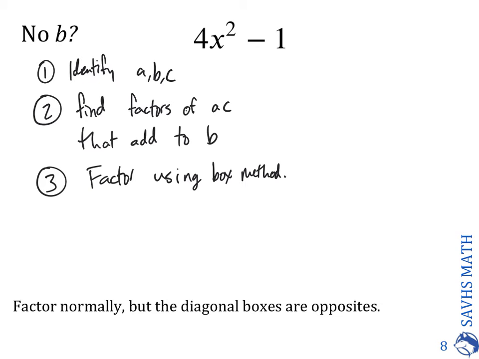Okay, so AC is -4, B is 0. I know it's 0 because there's nothing written between the x squared and the -1. There's no x term. So what are the numbers that multiply to -4 that add to 0? Well, what are the factors of -4?